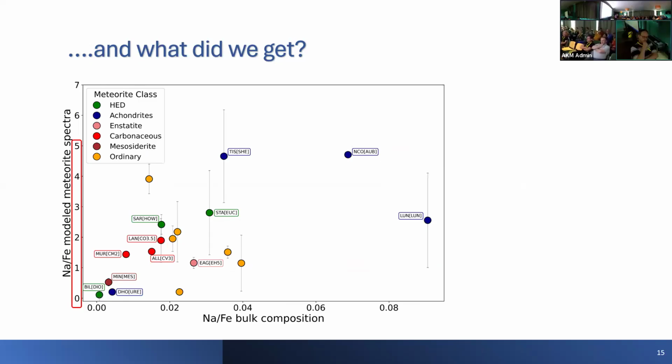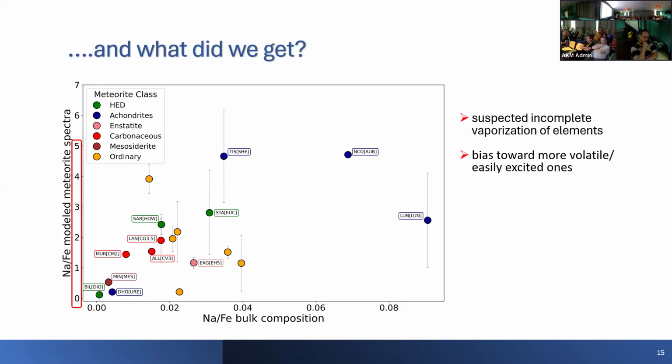And as I mentioned before, that under our laboratory conditions, we didn't observe any emission of refractory elements. So we started to suspect incomplete vaporization of other elements as well, which basically could skew the observed or calculated elemental abundances in favor of more volatile or easily excited ones.